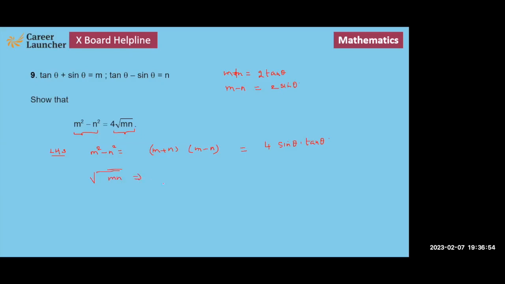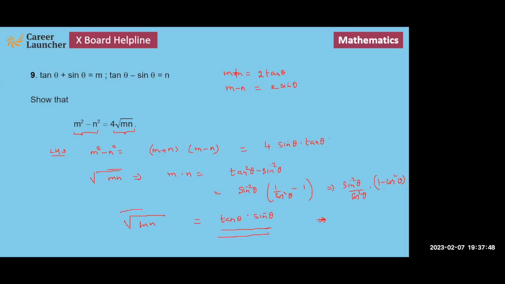For that I need to find out first what is m into n. m into n is equal to tan squared theta minus sin squared theta, which is equal to sin squared theta, we take common, and so I'll get 1 by cos squared theta minus 1, which is equal to sin squared theta by cos squared theta into 1 minus cos squared theta, and this value is equal to, so the value of mn is this, which means root of mn would be equal to tan theta into sin theta.